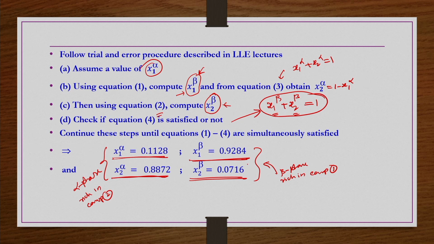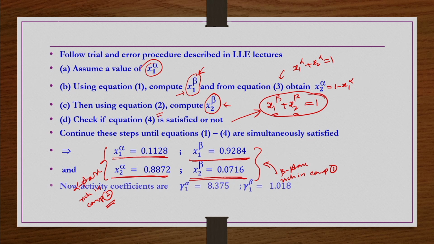Component 1 is almost 92 or 93% in the beta phase, whereas component 1 is very small in the alpha phase. In the alpha phase, component 2 is very rich, almost 88-89% of the moles of that alpha phase are of component 2. So, the alpha phase is rich in component 2 and the beta phase is rich in component 1.